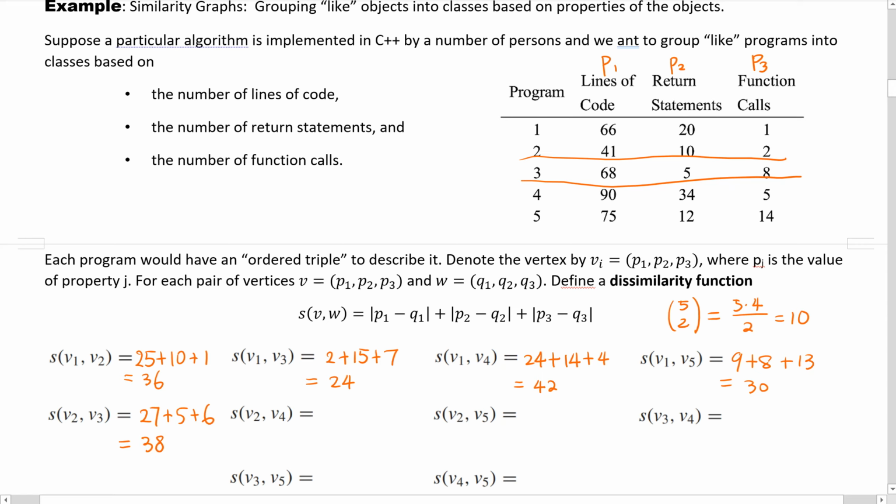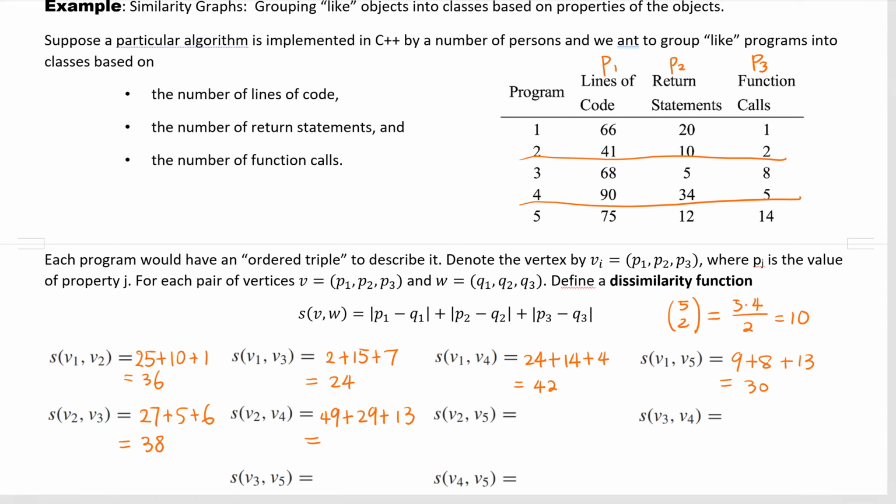Next, V2 and V4. That gives us 49, and 34 minus 5 is 29. 5 plus 8, 13. Wow, this is a big number. I'm going to borrow 1 from 13. I get 50. Borrow 1 from 13, we get 30. So that's 80 plus 11, 91.